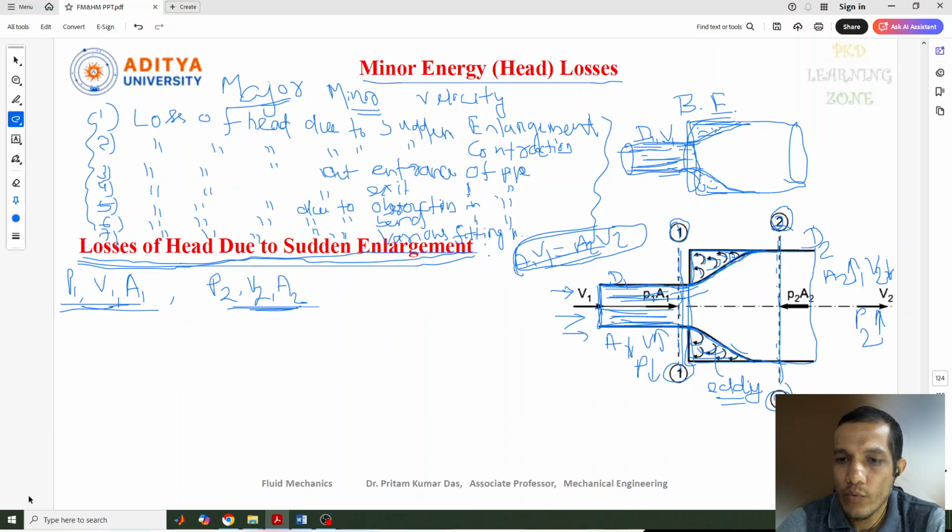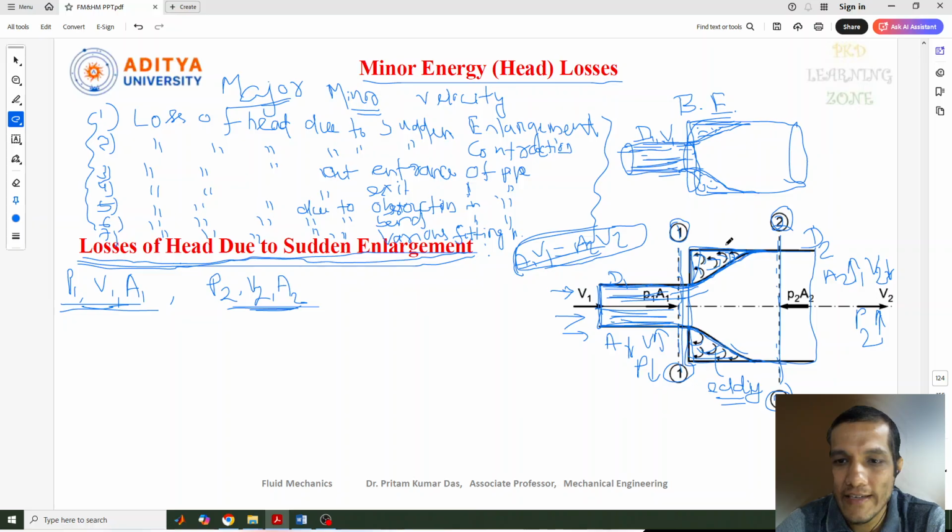Now, due to the sudden change, as I told you, there are some eddy formations. The liquid flowing from the smaller pipe to the larger pipe is not able to properly follow the changes. Initially this was the boundary, now the boundary has changed to here. This boundary was neglected, and due to that some turbulent eddies are formed, and that eddy formation is the main cause of loss of energy.